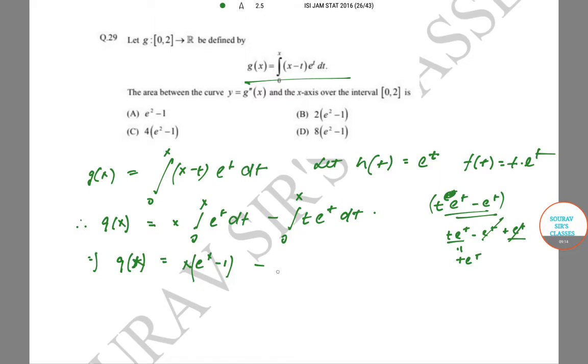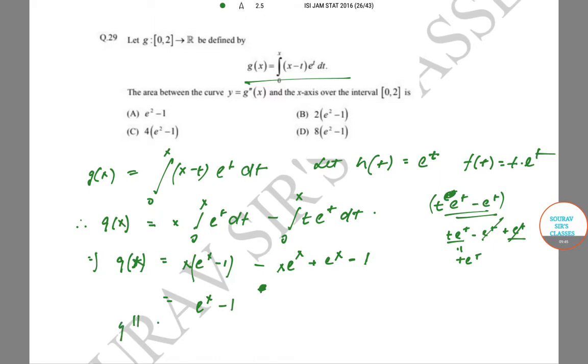So here we have x e to the x plus e to the x, minus this gives us a 0 and this gives us a 1. So here we have a minus 1. So what we are left with is e to the power x minus 1.